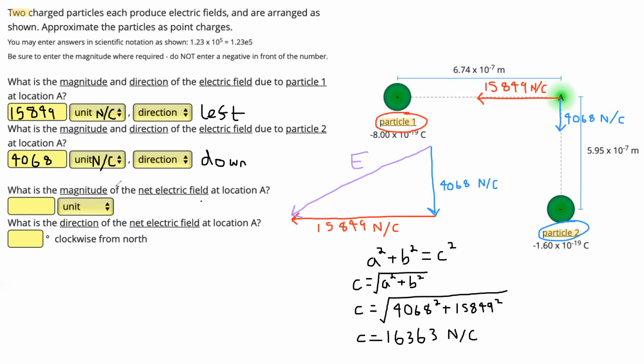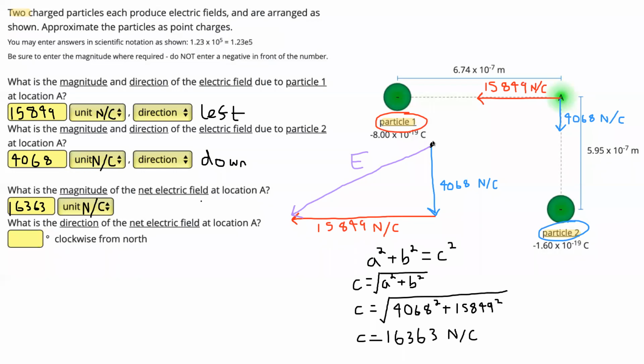So there we found the magnitude of the net electric field, adding those together using vector addition. That gets us 16,363 newtons per coulomb. Next, to find the angle. We need to find the angle clockwise from north.